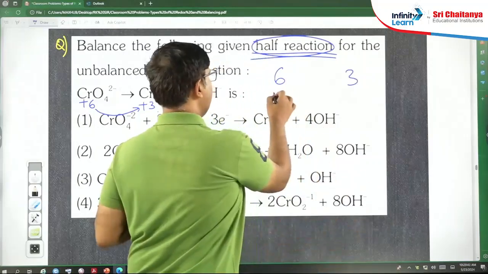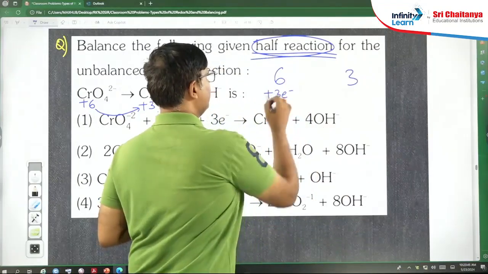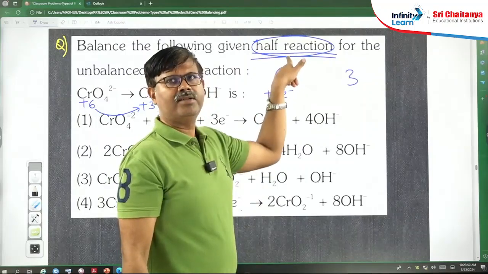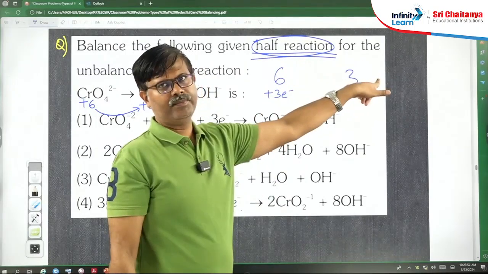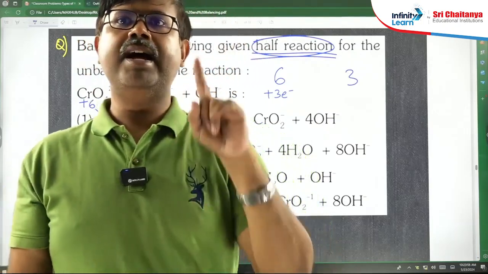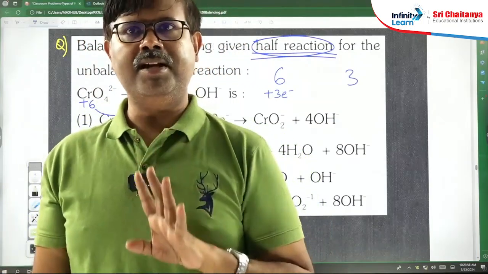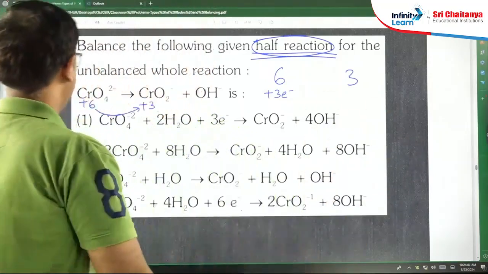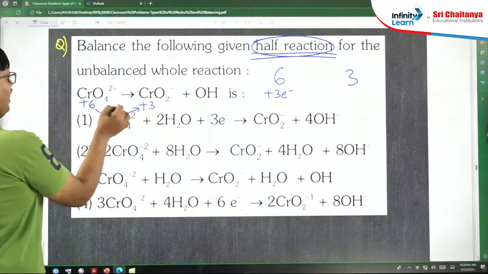But if we add electrons to the left side, 3 electrons means minus 3 charge, 6 minus 3 is 3. Therefore, always add electrons to the higher oxidation state side to balance the oxidation states. So on the left side you have to add 3 electrons.